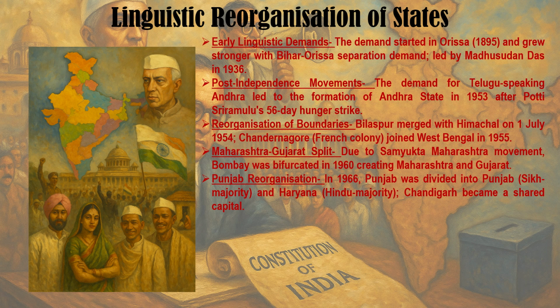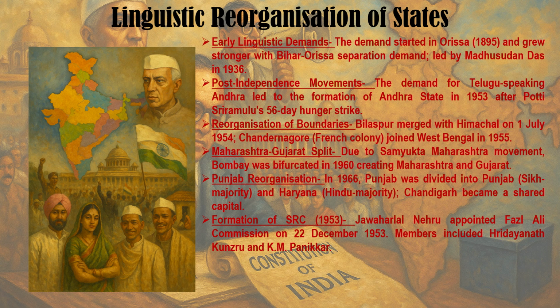So Punjab was Sikh majority and Haryana was Hindu majority. However, Chandigarh became a shared capital. The capital remained the same, but according to religion, the territory of Punjab was divided into Punjab, the Sikh majority state, and Haryana, the Hindu majority state.